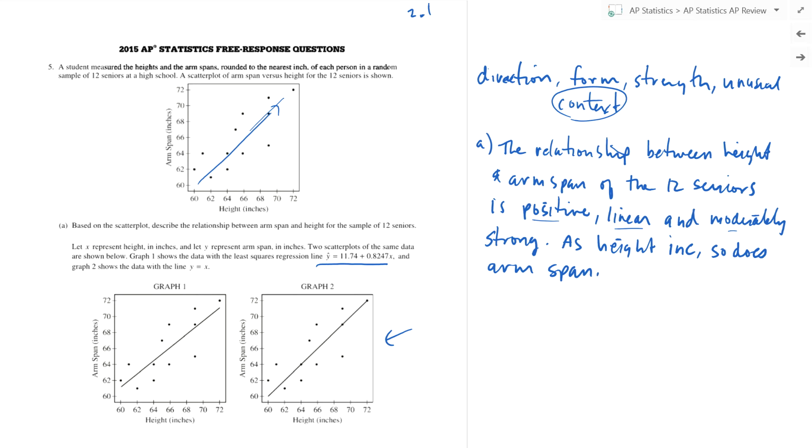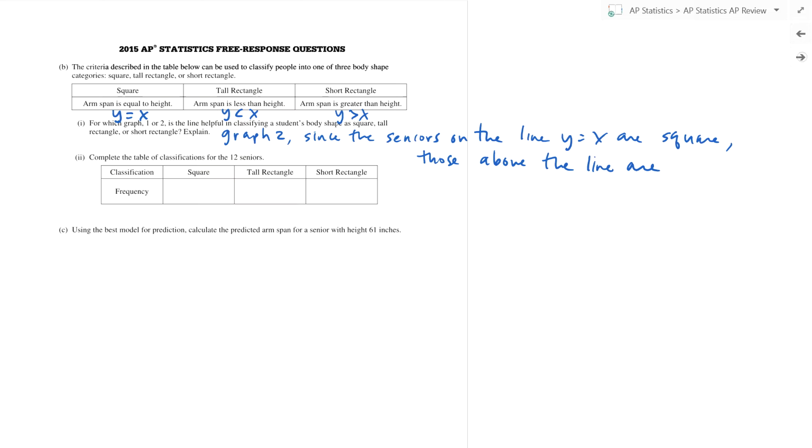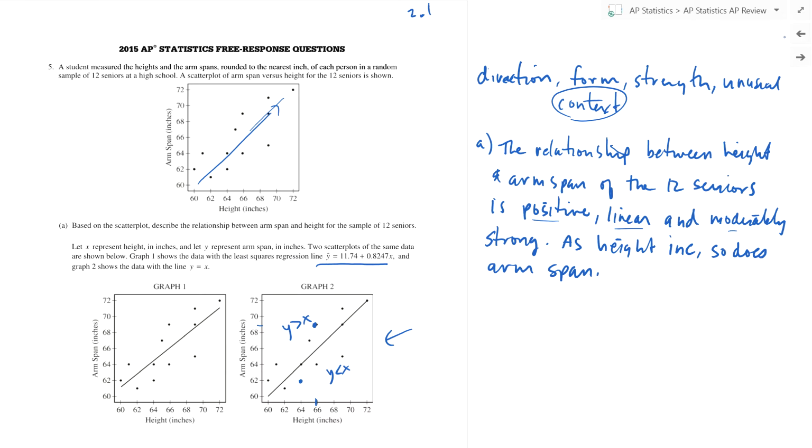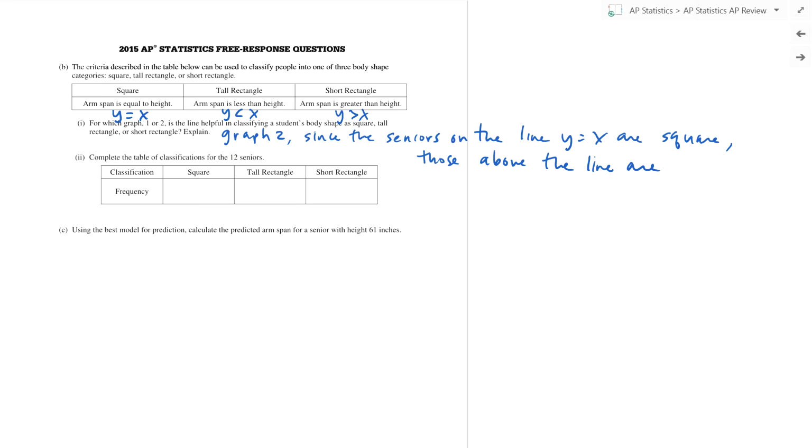Let's go back. If we're above the line, what do you know about that point right there? How does that y compare? That y is 69 roughly compared to 66. So y is greater than x above the line, and below the line, 62 and 64, y is less than x. So just make sure that you don't make that mistake. You're going fast. So y less than x is below the line, right?